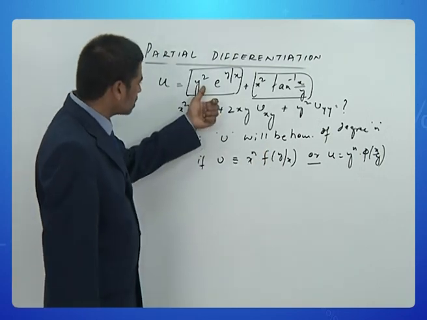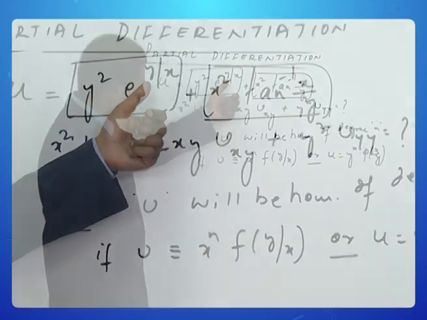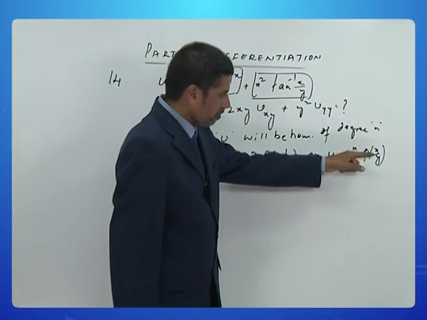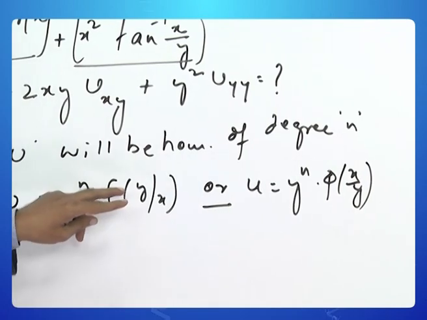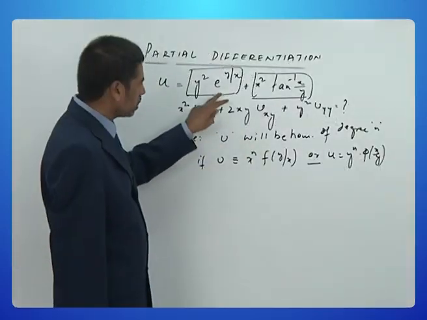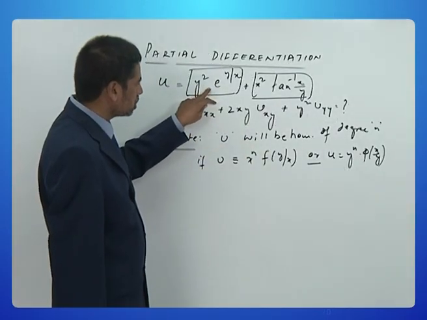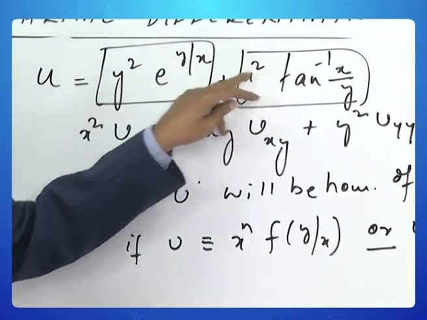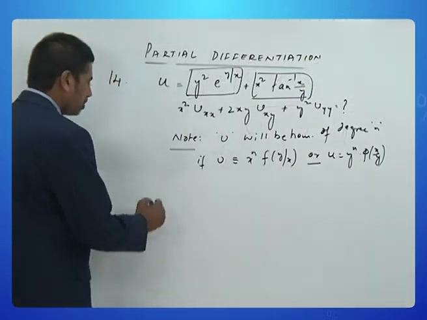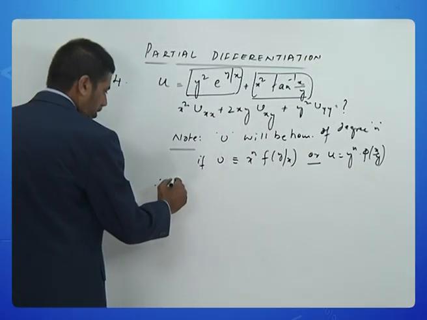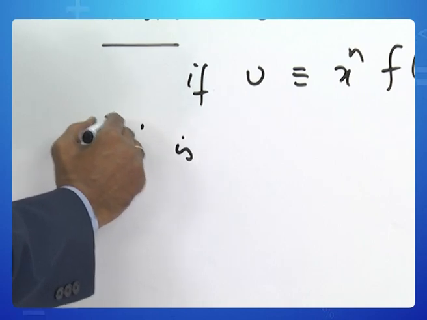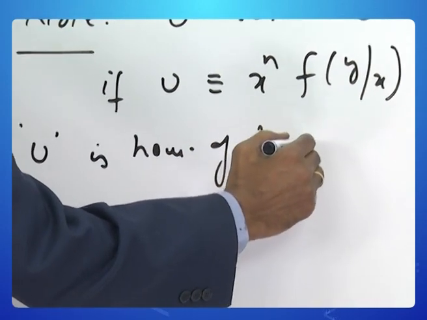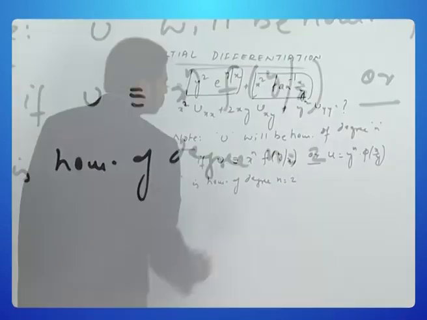Now observe, in this case, y squared e power y by x, of course we can also have a function of y by x here and a function of x by y here. So you can easily recognize that this is homogeneous, this is also homogeneous, both of them are of degree 2. So we can make a statement: U is homogeneous of degree 2.